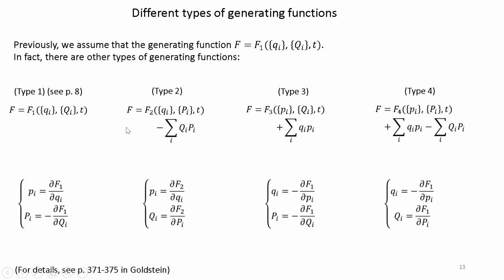For the type 2 generating function, it would look something like this, which depends on small q, capital P, and also with this additional sum here. And then there's a type 3 and type 4.